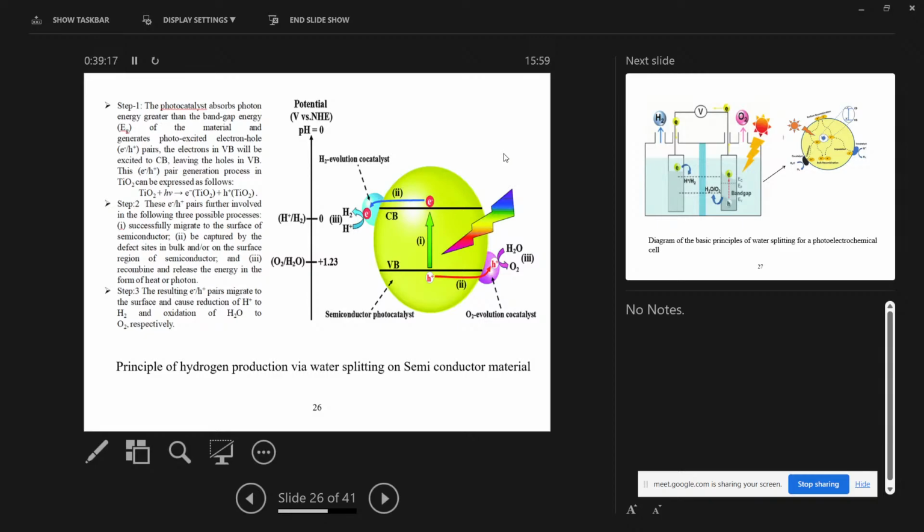What actually happens is that the electron and hole pairs reach the surface and cause the reduction of hydrogen ions to hydrogen, and the oxidation of water to oxygen respectively.